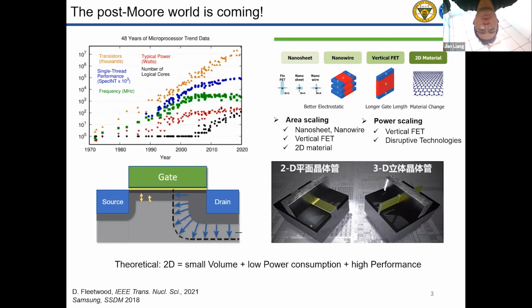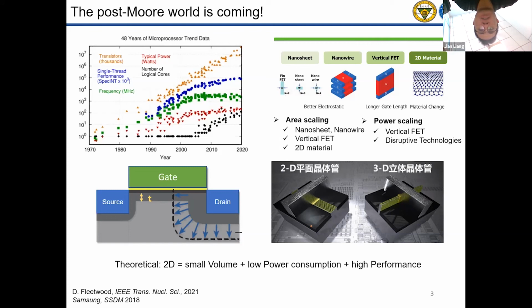To solve this problem, researchers have come up with a number of ways, such as using nanosheet or nanowire to reduce the size of the material and making the FET into a vertical structure. But one of the most promising cases is to replace the traditional semiconductor materials with 2D material of atomic thickness level.